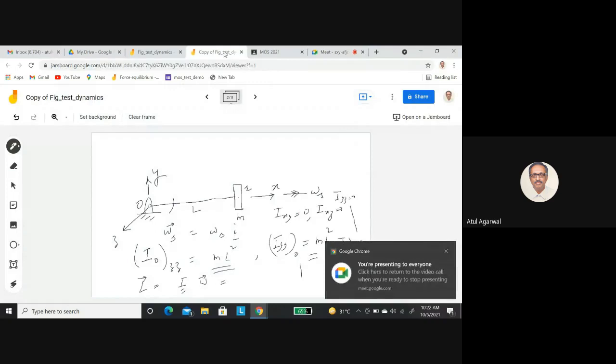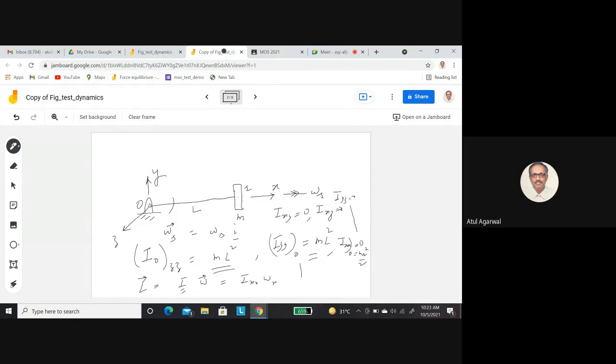If all product moments of inertia are 0, this term will become Ixx omega x plus Iyy, sorry, you have to put a comma, Izz omega z. So this becomes your angular momentum vector.